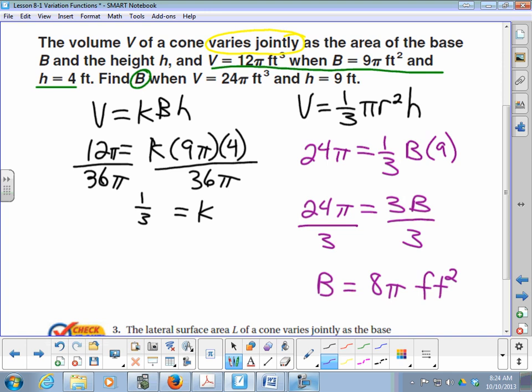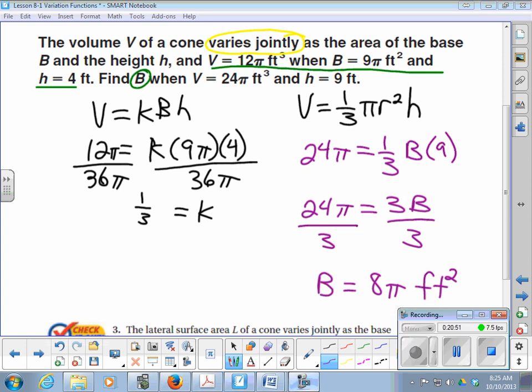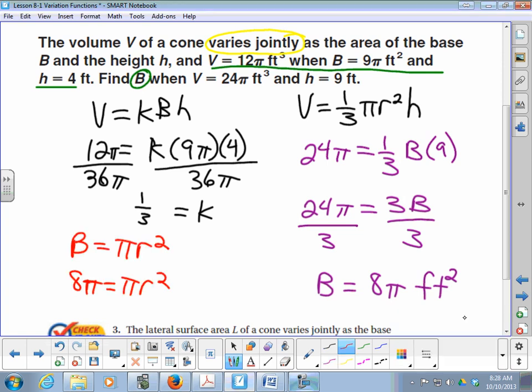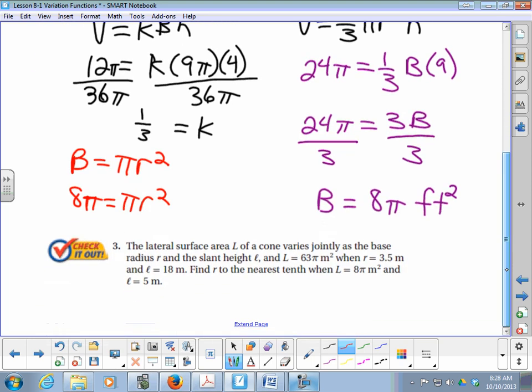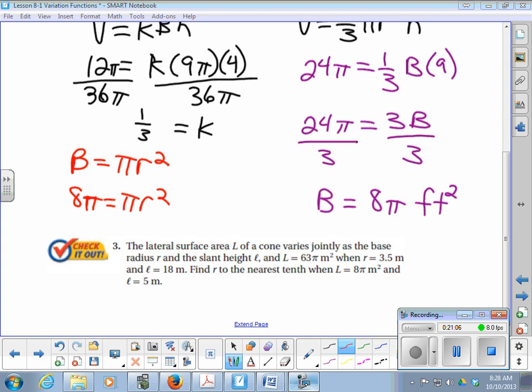What's the radius? So we would get a radius here, which you didn't ask me that question, but it's good to know, right? A radius of square root of 8. Good question. All right, let's see how you do here then.